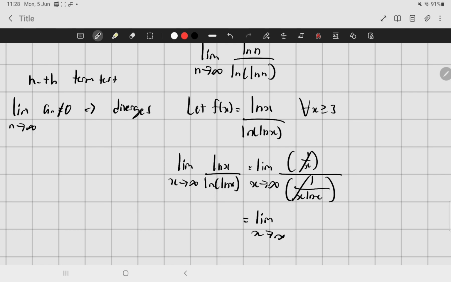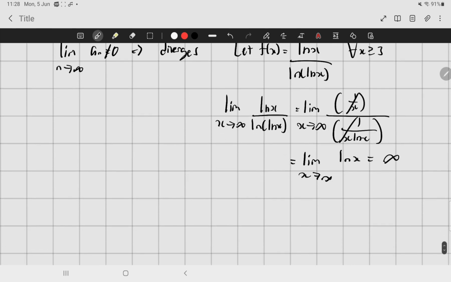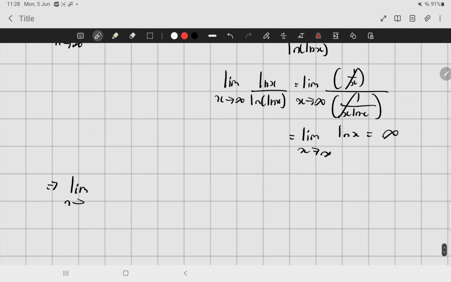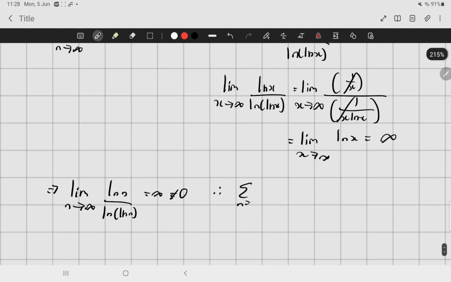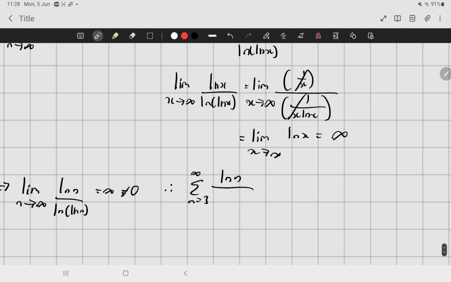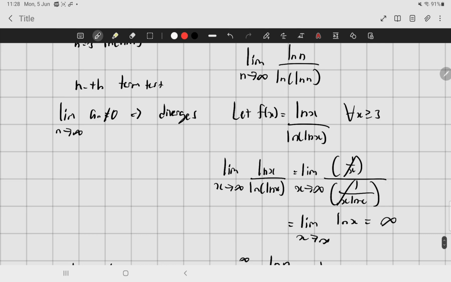Then we have ln x, which approaches infinity, so it's not equal to 0. So both of them have the same behavior. Therefore, our nth term will also go to infinity. Therefore, this series diverges. Okay, this series diverges. Oh man.